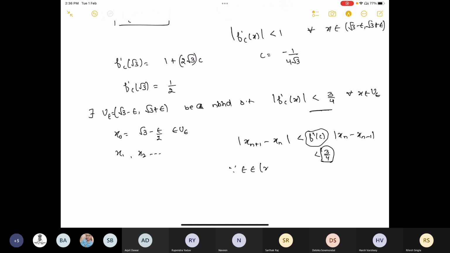Because c will belong to this interval, which will be contained in this.